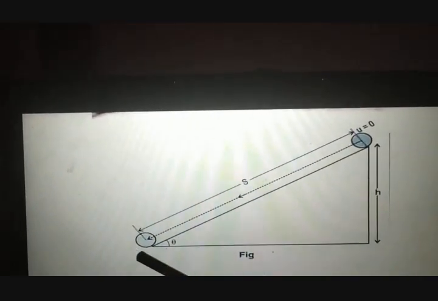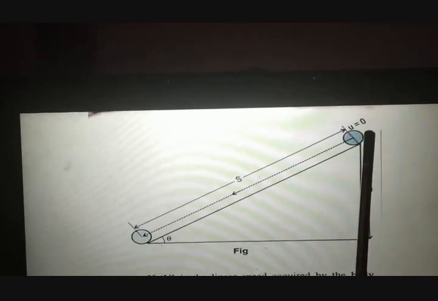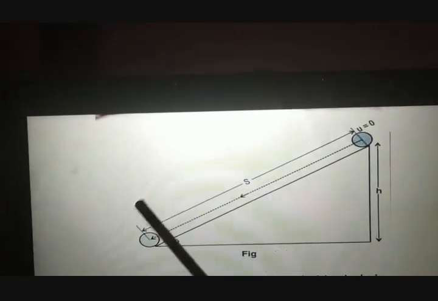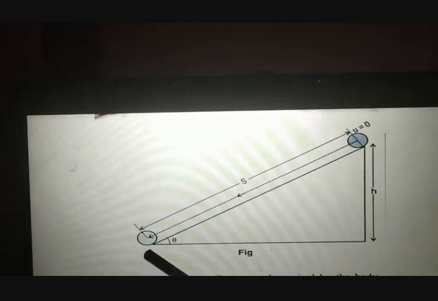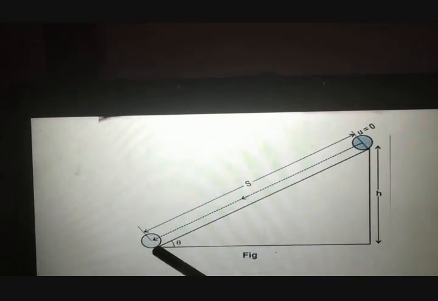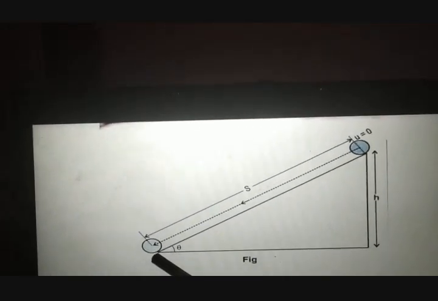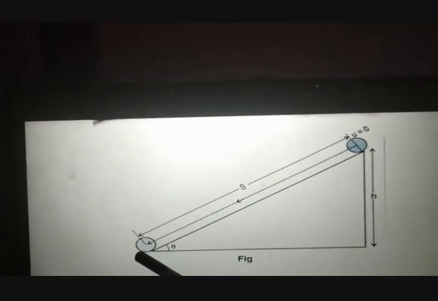Now when this body rolls and comes down to the horizontal surface, this potential energy gets converted to kinetic energy. So completely converted, and at this position the body will possess maximum kinetic energy and zero potential energy.